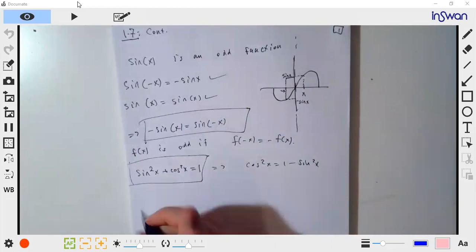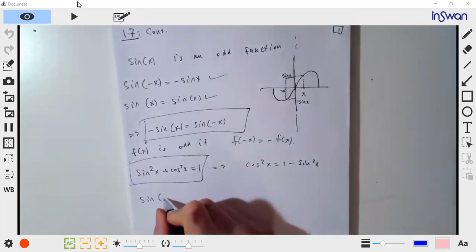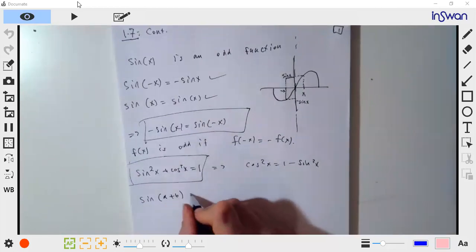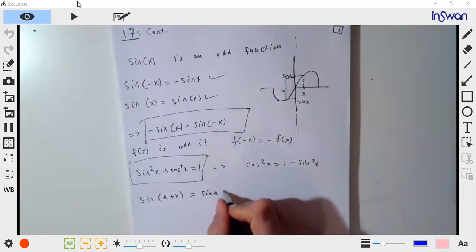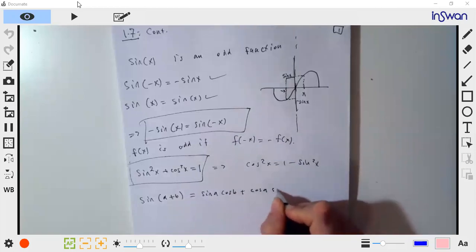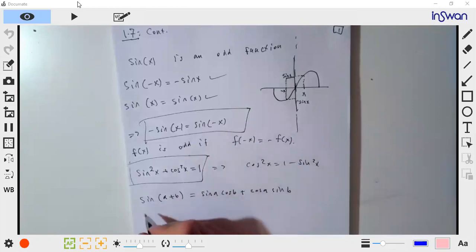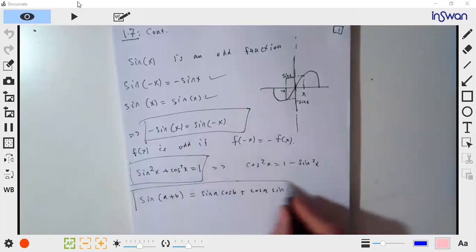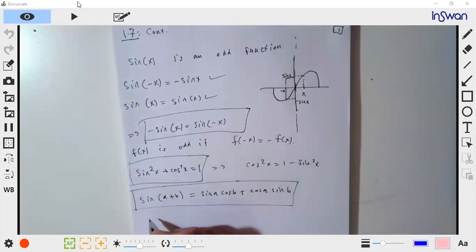The sine of a plus b, where a and b are angles, is sine of a cosine of b plus cosine of a sine of b. We derive this in trigonometry if you take trigonometry with me.